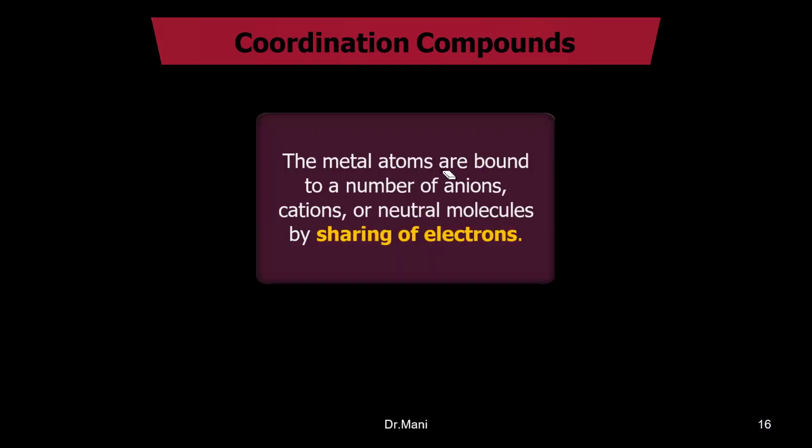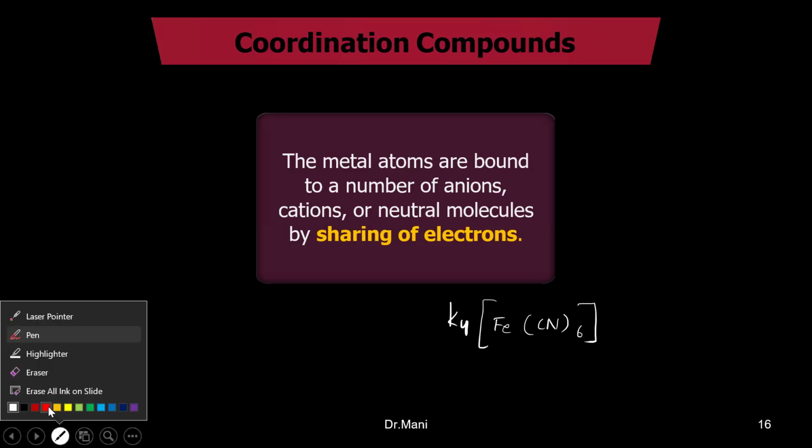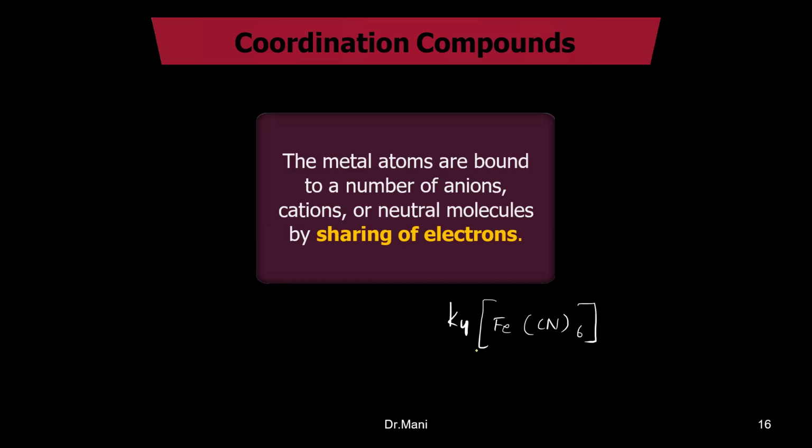So see here, the metal atoms are bound to a number of anions, cations, or neutral molecules by sharing the electron. First, suppose you take K4[Fe(CN)6]. Here, whatever the Fe is there, it acts like a central metal atom.